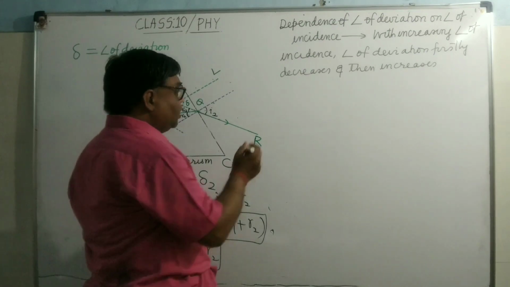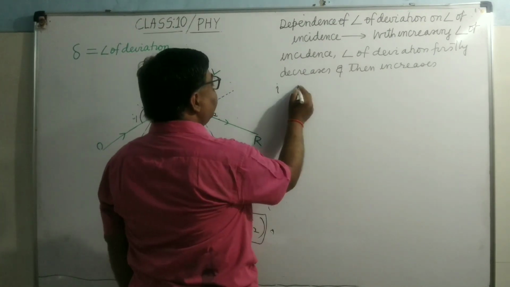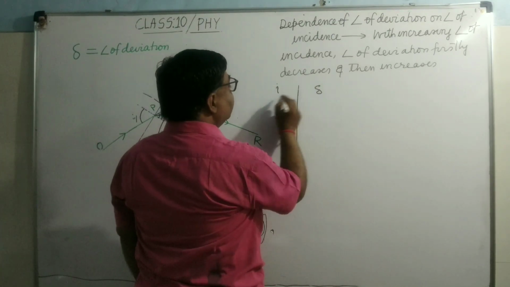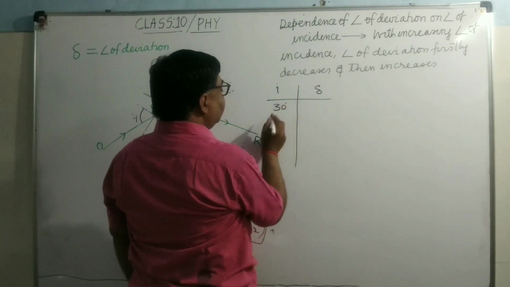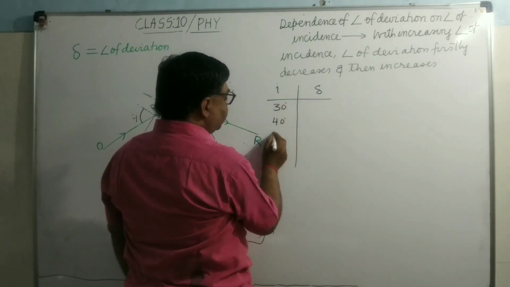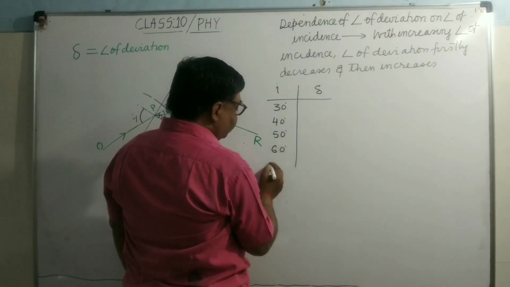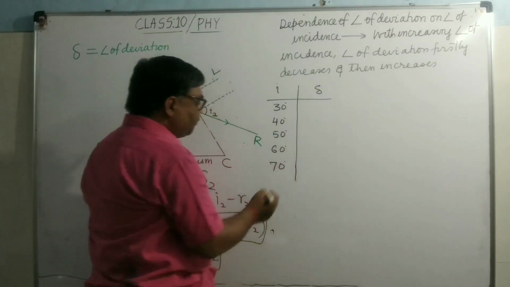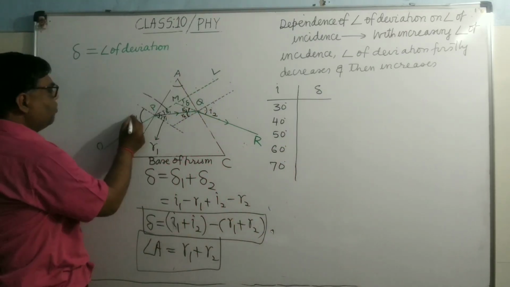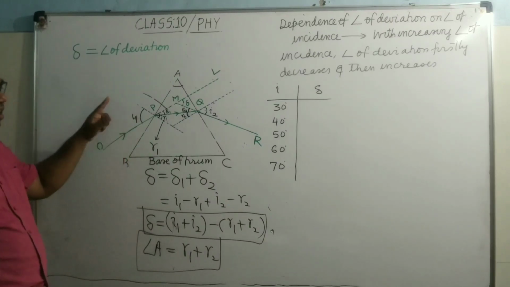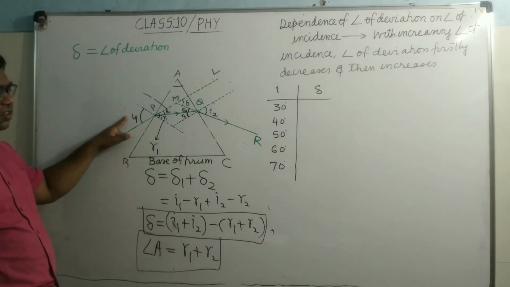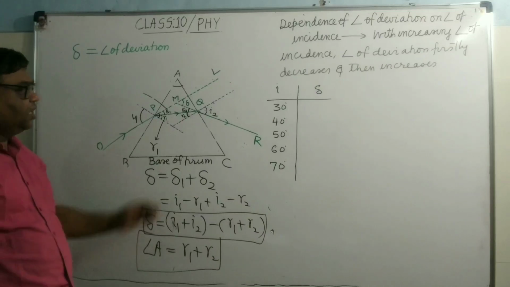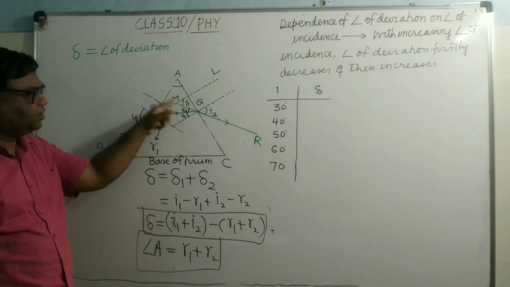You can see here, I am writing some typical values of I and delta. These are 30 degree, 40 degree, 50 degree, 60 degree, 70 degree. These are the values of the angle of incidence, this angle I1. Then we perform this experiment and measure this angle.